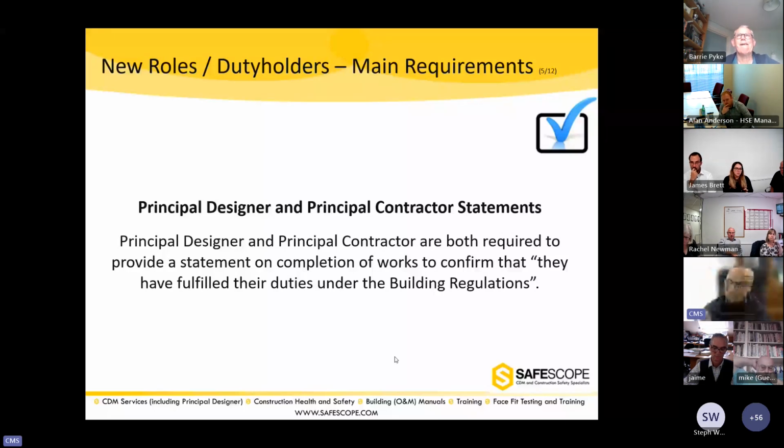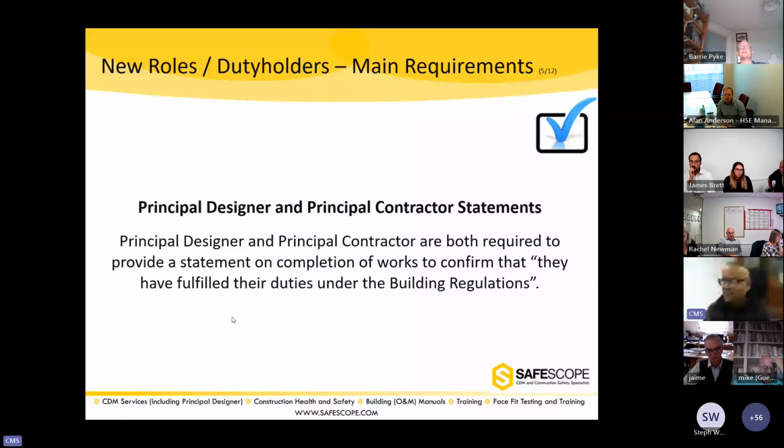And hence, any good advisor that is sitting with a client will ask them to get everyone to sign a statement to say that they have complied with the duties, etc. And only then can they sign that statement and give it to the local building control authority for the completion certificate. And that's the territory we are already in from 1st of October.